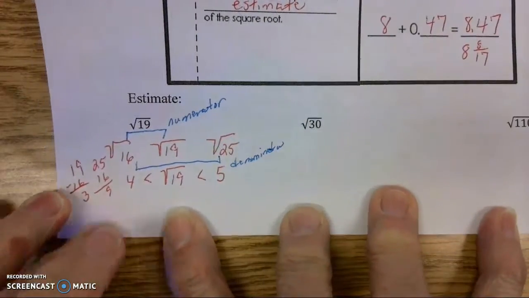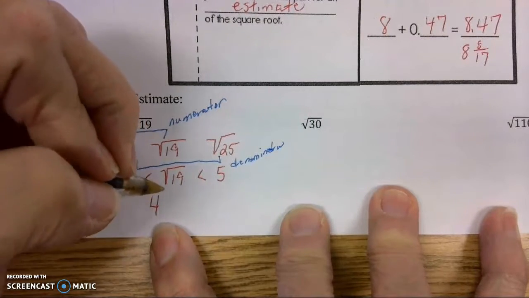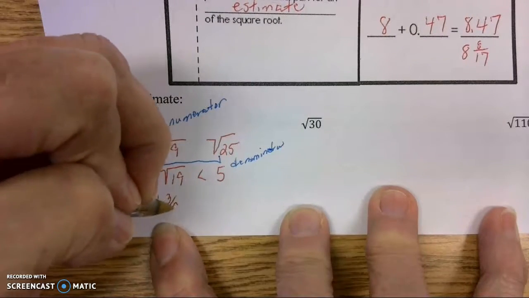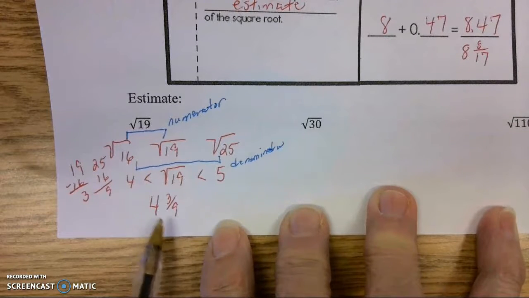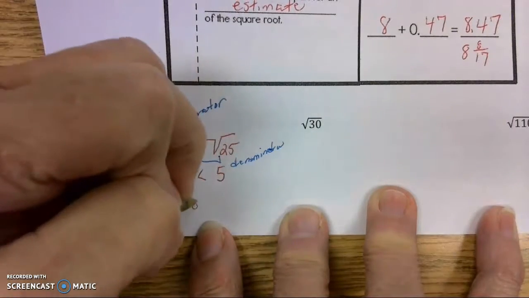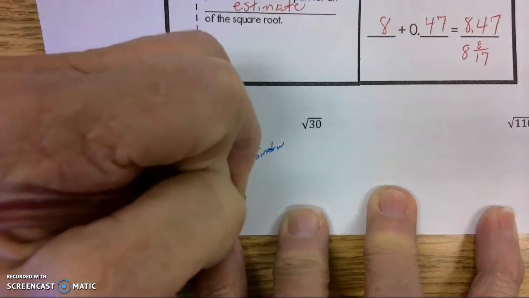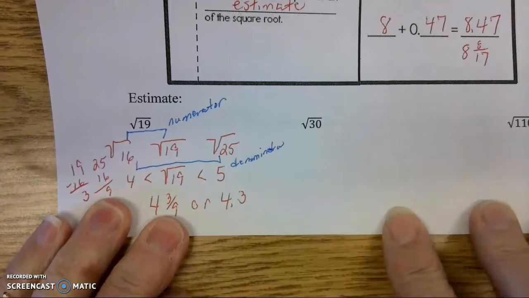So now I know that my square root is approximately 4 3/9, and I know that 3/9 is a third, so that is 4 1/3. So it seems like it's a lot, but it really isn't.